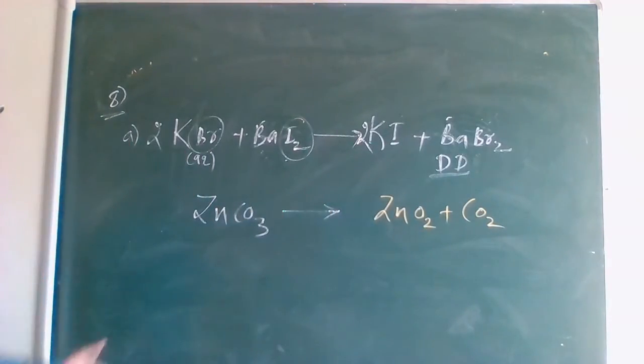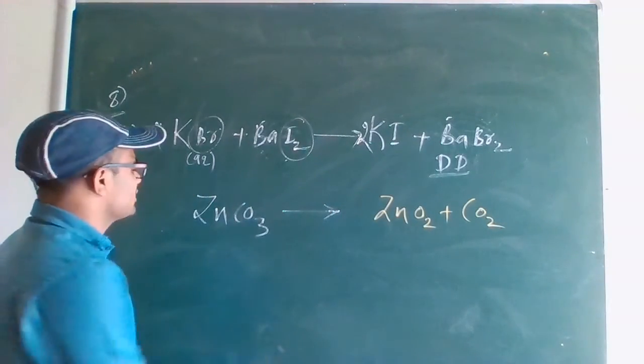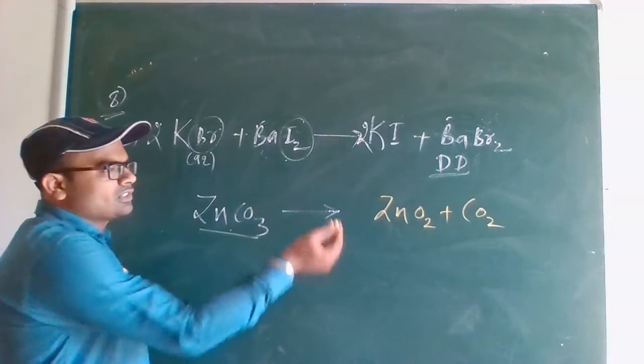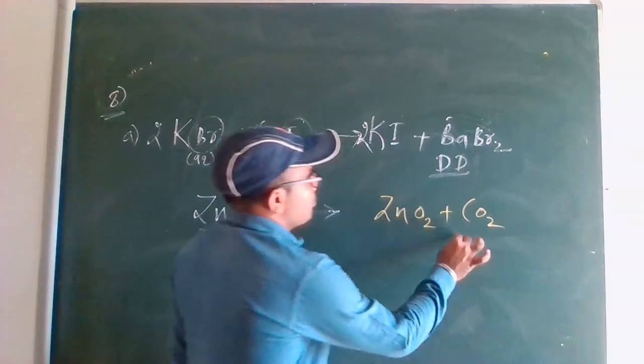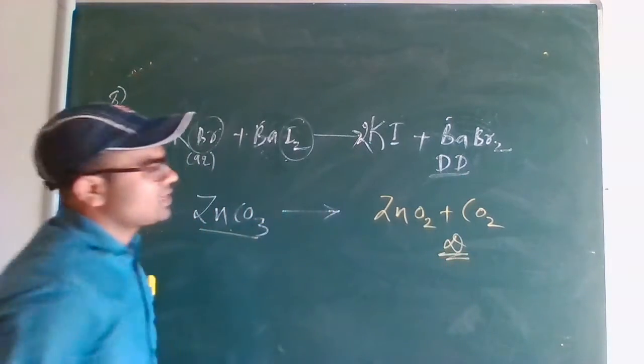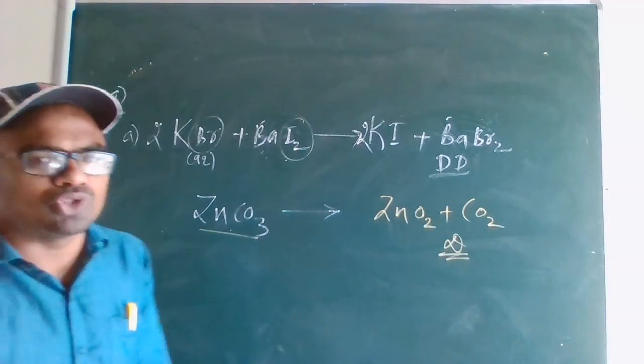So this one, if you look, you can easily get this. Only one reactant dissociated to decompose to two compounds. So this is a decomposition reaction. This is an example of decomposition reaction.